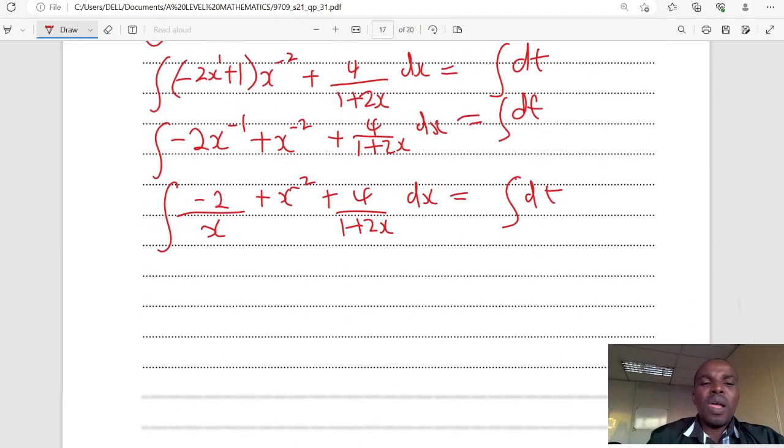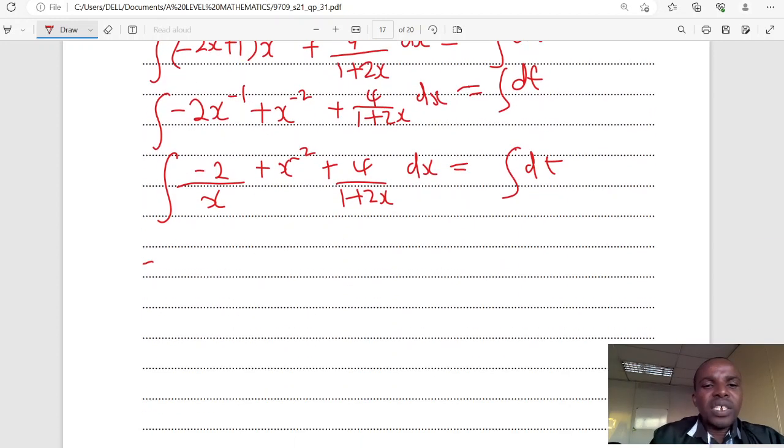On this part, I can say minus 2 integrate 1 over x, you get ln x. Then in this case, it will be minus the integral of x to the power minus 2. x to the power minus 2 integrates to 1 over minus 2 plus 1, times x to the power minus 2 plus 1, so it will be minus x to the power minus 1.